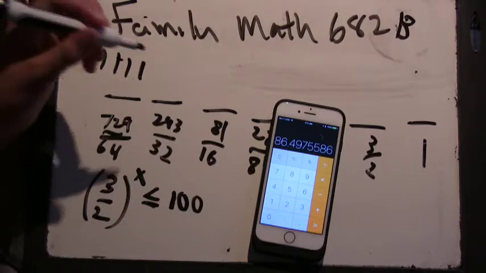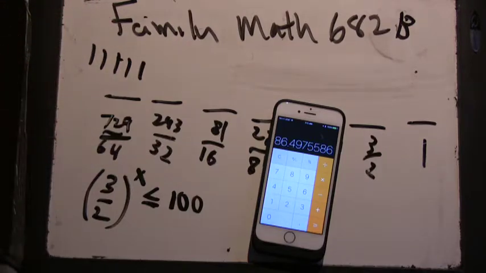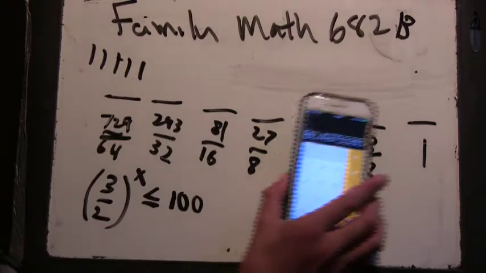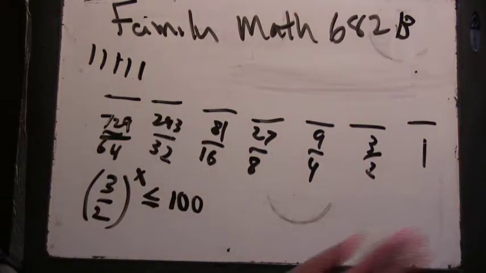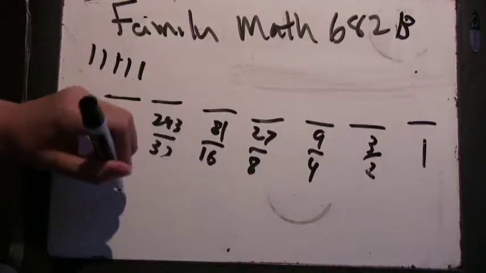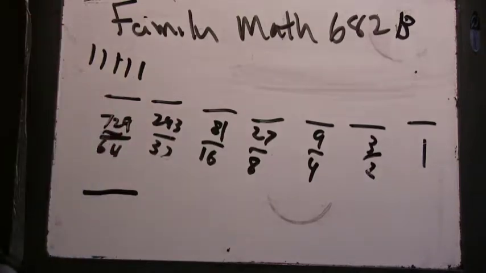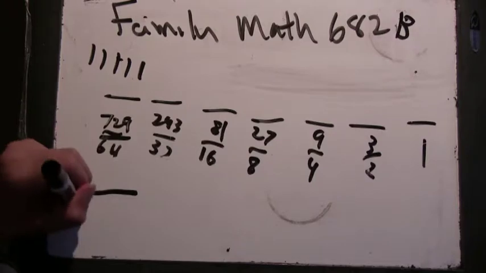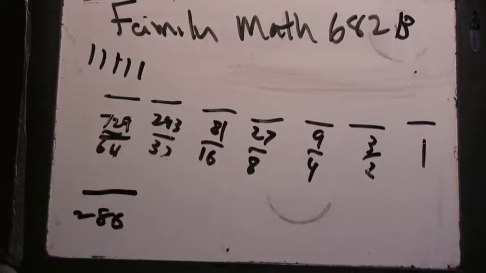So this looks like it's going to be the highest we can go. Okay. So we'll start at, I guess, 3 to the 11th over 2 to the 11th. All right, that is around 86. Okay, so we can get one of those.